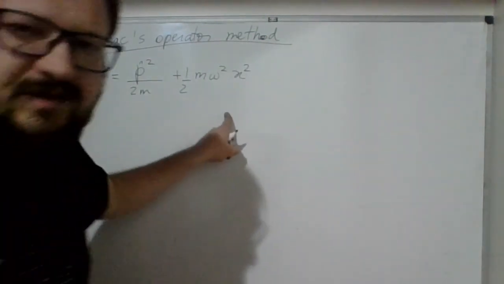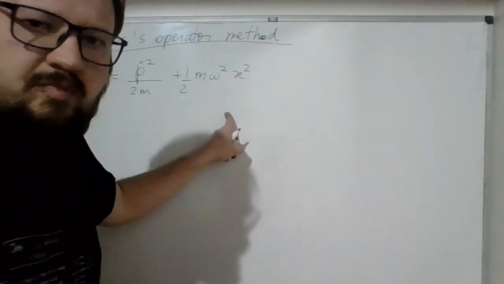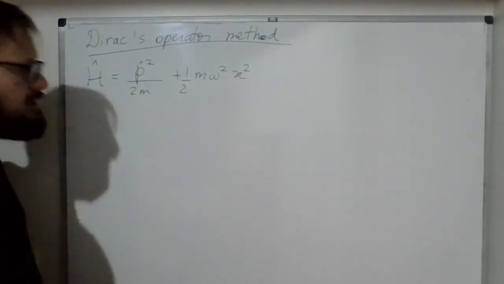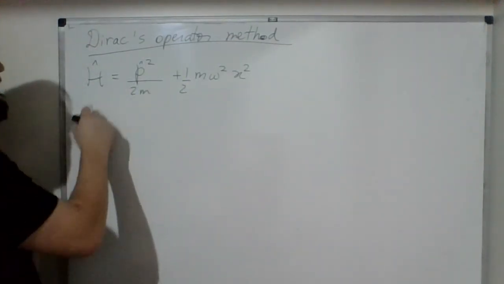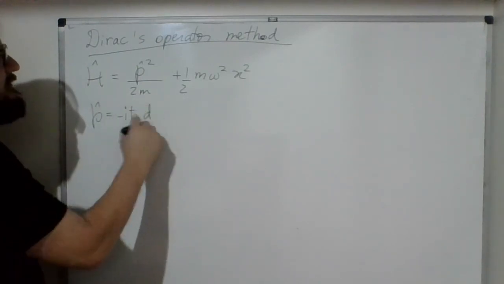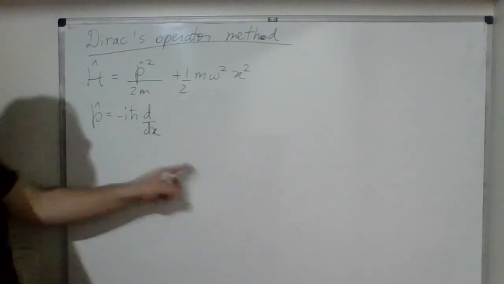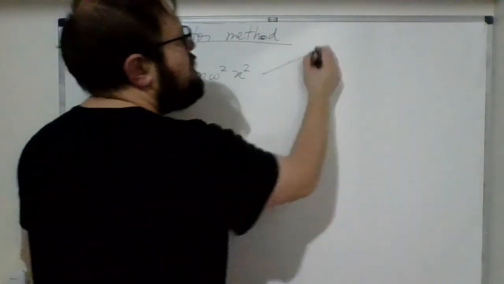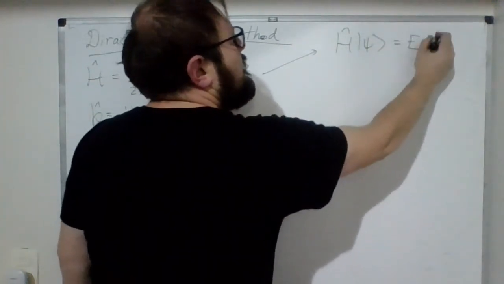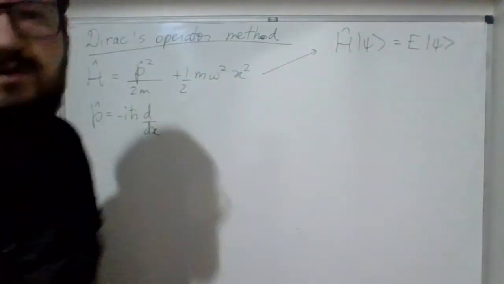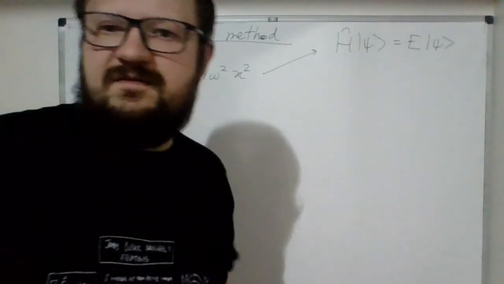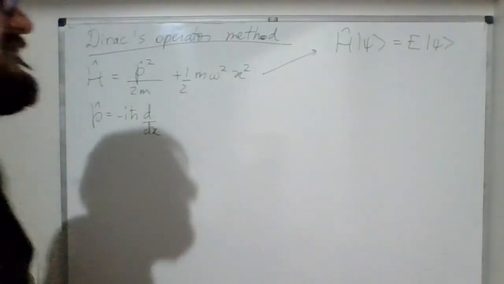If I represent this in the position basis, the momentum operator corresponds to minus i h bar times the spatial derivative, and H applied to some psi function is equal to E times that function. It corresponds to the eigenvalue problem. You need to solve the eigenvalue problem.